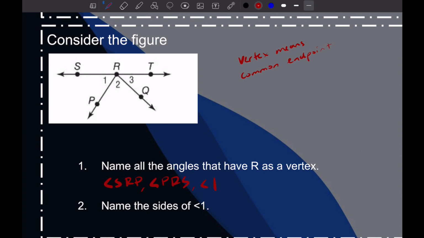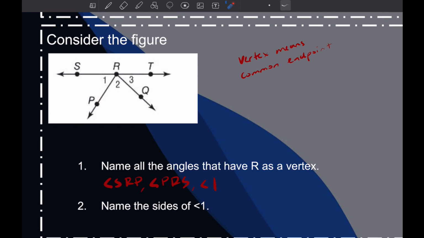Because that's associated to that common vertex. We're not going to call it angle R. I think it's already implied. Actually, disregard what I said. So we have angle SRP, angle PRS, and then angle 1. All right, let's go ahead and move on to the next one.